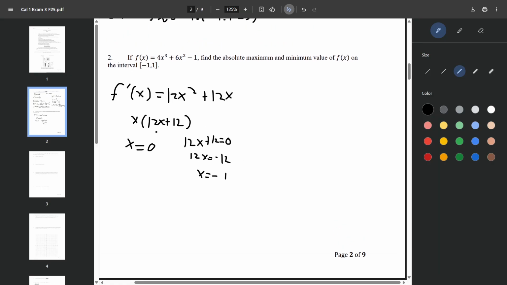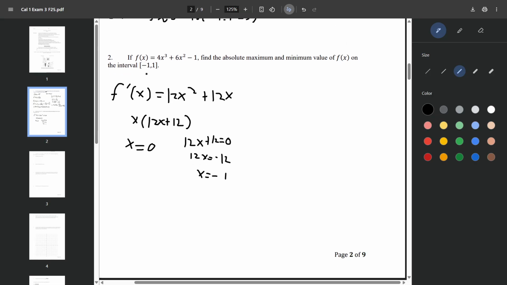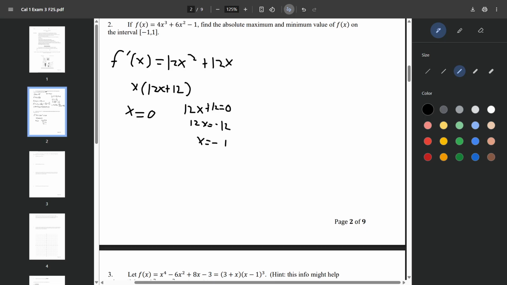Alright, now these two are points that we know the graph is no longer increasing nor decreasing. However, what we also need to check is the endpoints of the interval, because that is also when our graph stops and starts. So we also need to check x equals 1. -1 we already have, but we would have had to include it otherwise.